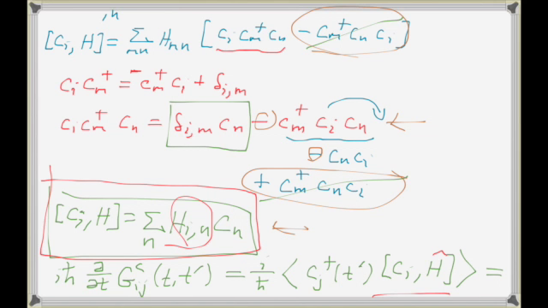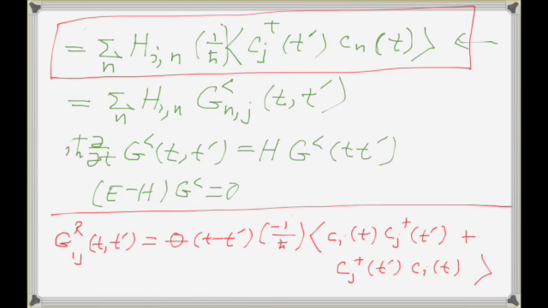So now I have this expression for my i h bar d/dt of G less than, and that equals that. When I do that anti-commutator, that's what I get.